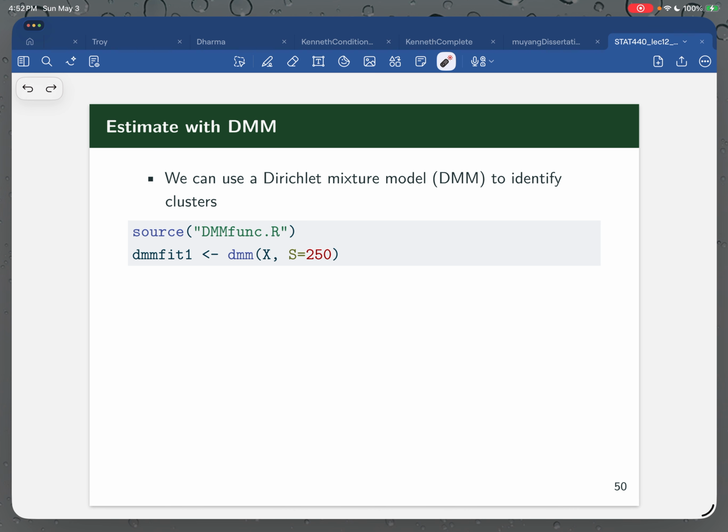The code for this will be posted on Canvas, in dmmfunc.r, which in the next optional video, I will go through just a little bit. What it's going to do is take the data that we generated, X, run it for 250 steps, and we're going to see the clusters that come out.